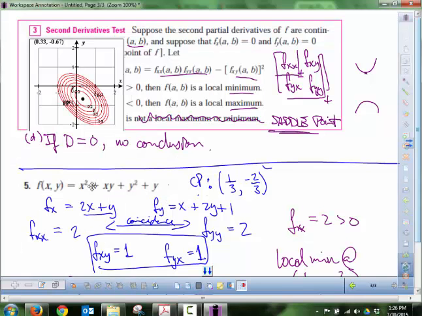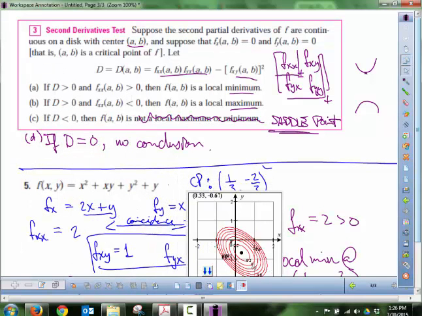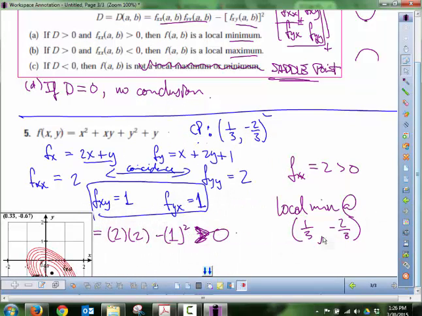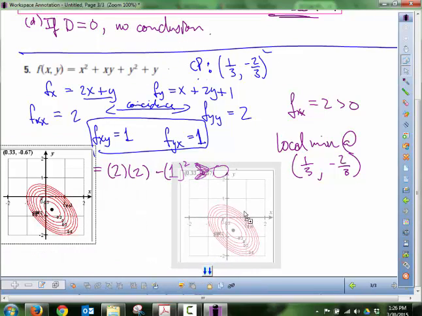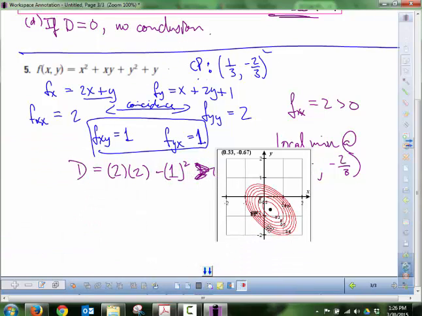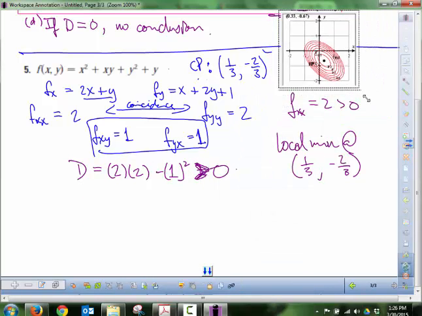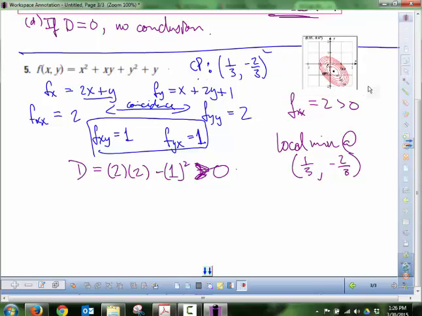And it turns out that if you have these enclosed circles or ellipses, these shapes, you can try to identify the maximum or minimum by looking at the center of those concentric circles or ellipses. Saddle points are interesting also because their level curves look different.